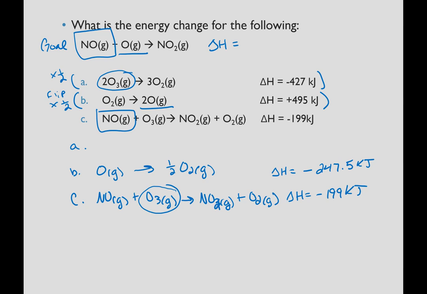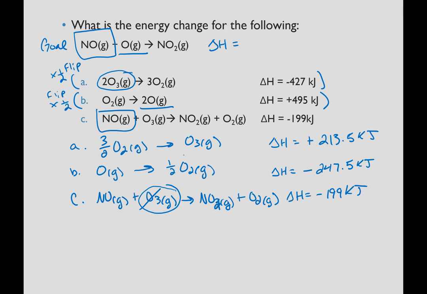So to get that O3 onto the product side, I need to also flip equation A. So I'll rewrite this flipped and times 1/2. Do the same thing to my delta H. So flipped becomes positive times 1/2, 213.5.